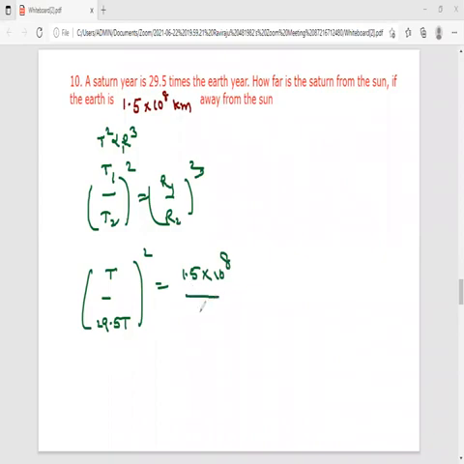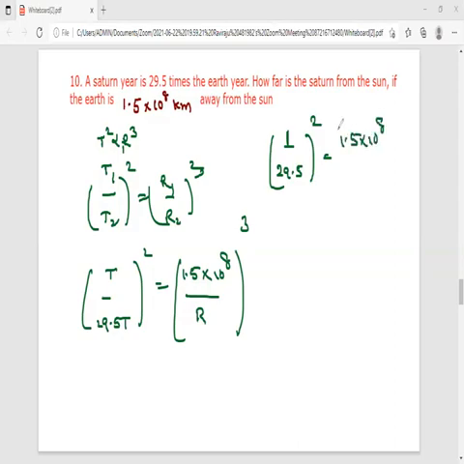Answer also you can write in kilometers, no problem. And radius of Saturn can be taken as R, whole cube. By solving this, 1 by 29.5 whole square equal to 1.5 into 10 power 8 whole cube by R cube only.